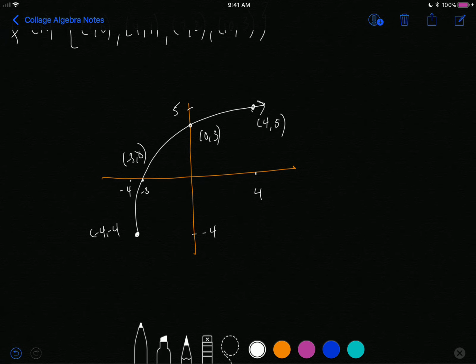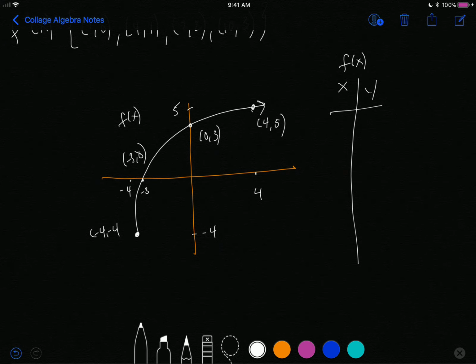Well, if I want to graph the inverse of this function right here, all I do is simply make a simple table of values for my original function. Let's give it a name, f of x, and y. And so this right here is my function f of x.